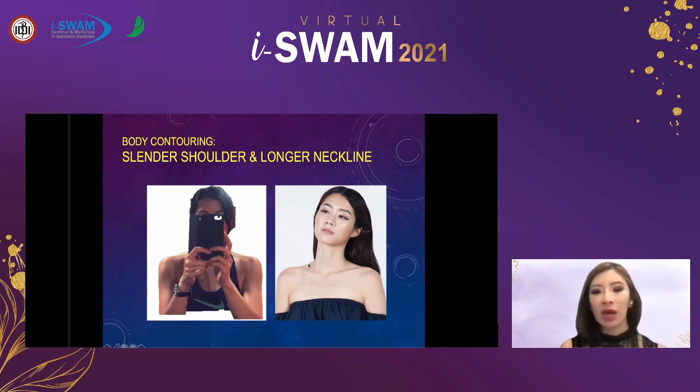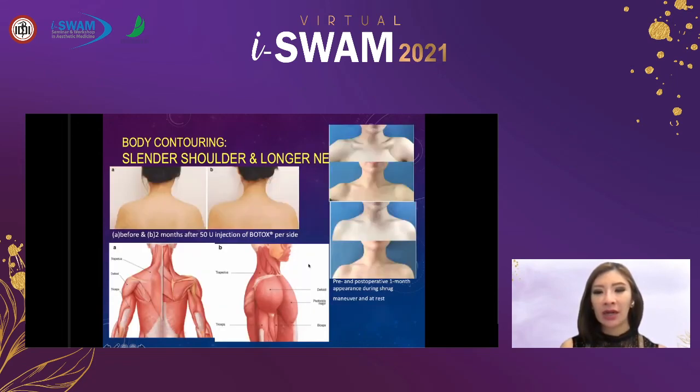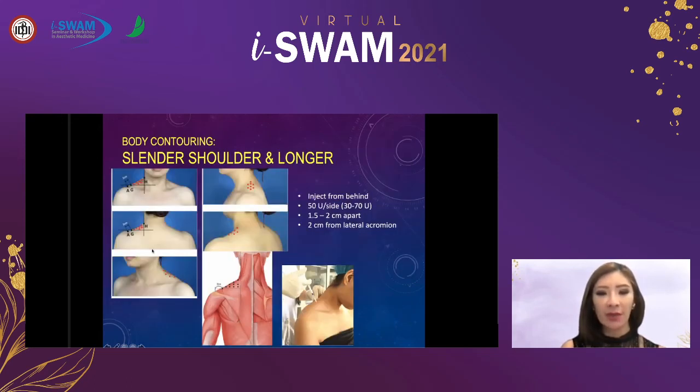The indication is to make it slender, to make the trapezius muscle atrophy. What we have to be very careful about after the injection is to see that what we are injecting is only the trapezius muscle. So you make a straight line perpendicular from the lateral side of the neck.